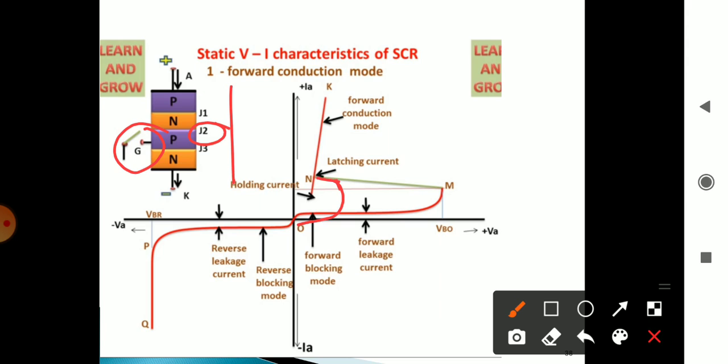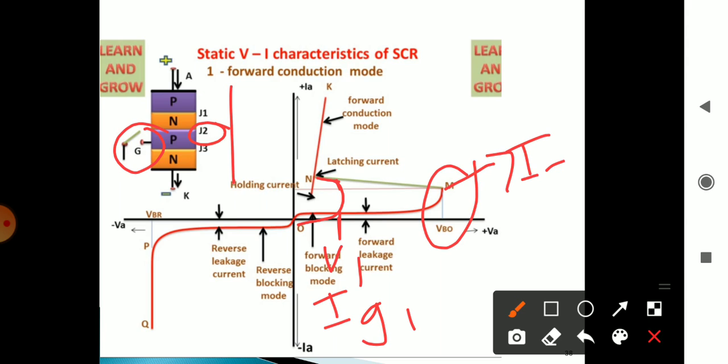This is the voltage V1 for Ig1. Here is VBO, where the Ig current is 0 because we are not applying any gate pulse, and here is the voltage V1 for gate pulse Ig1.